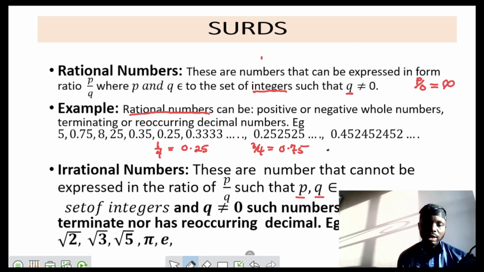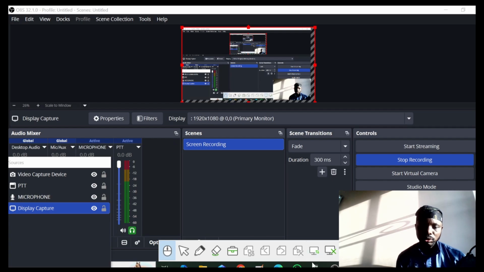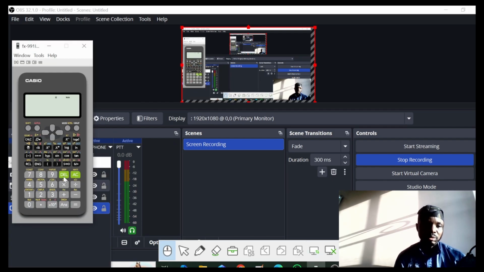Another example is the exponent value. If you press it, let's use our calculator to get it. You continue to see infinite decimal numbers.